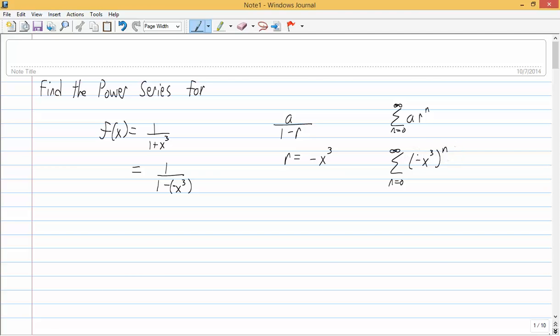And how could we rewrite that? Negative 1 to the n, and then of course x to the 3 to the n would be x to the 3n. Okay, and so that would be the power series representation for 1 over 1 plus x cubed.